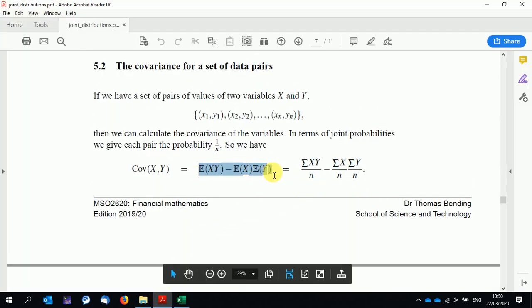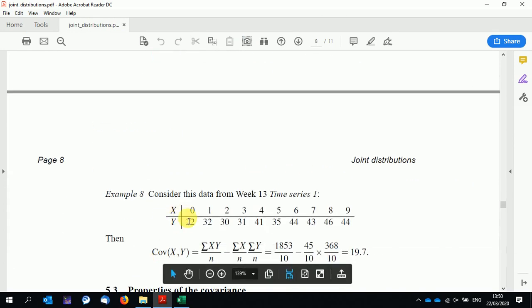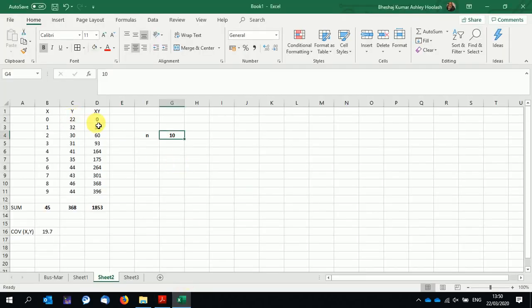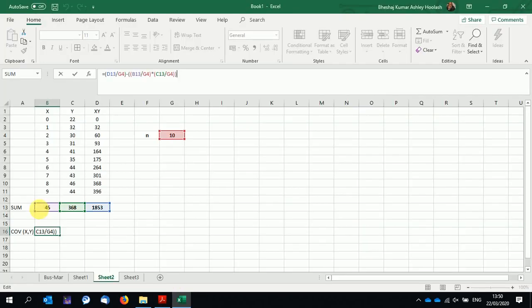They are exactly the same as that one, which will give you the covariance. So in the exams we might give you a table and ask you to find covariance. So there you go. X times y, sum of each one of them, and I'll substitute in the equation here, which I'm doing right now, and I'll end up with 19.7, which is here, right? So that's something for you to practice with calculator, pen, paper. You won't have Excel in the exam, so clearly this is something you want to practice.